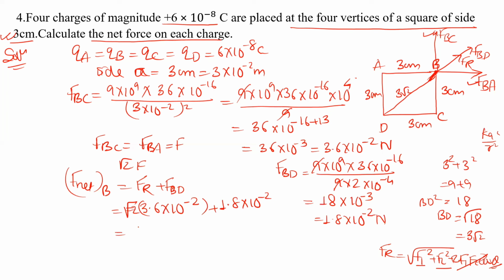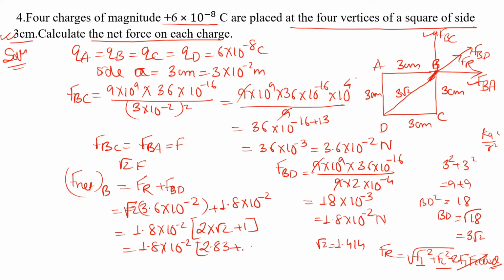So if I take common 1.8 into 10 to the power minus 2, what will be here is 2 into root 2 plus 1. We know root 2 is equal to 1.414. When you multiply this root 2 value with 2, you will get 2.83 plus 1.